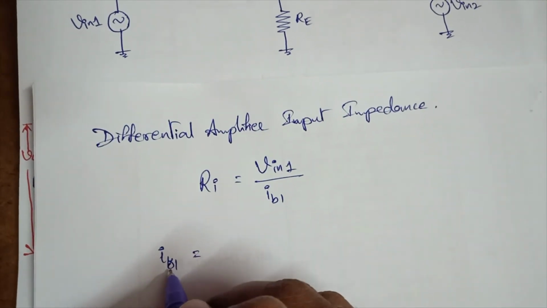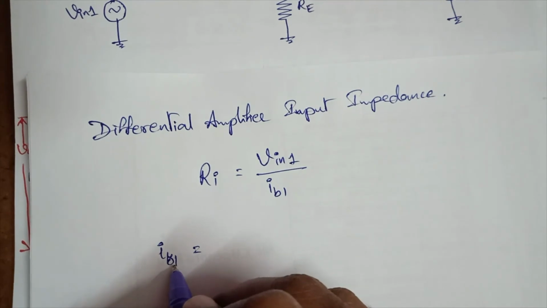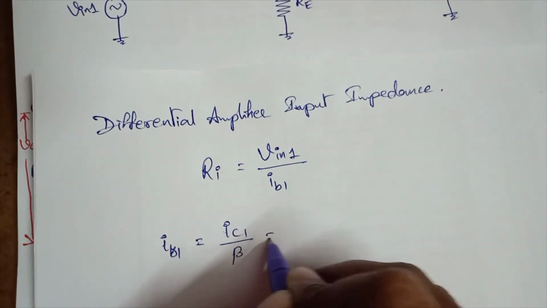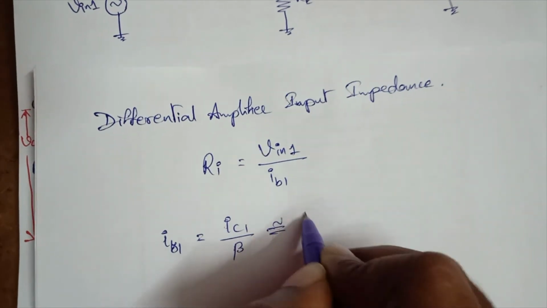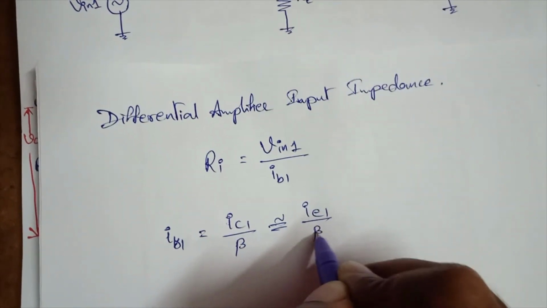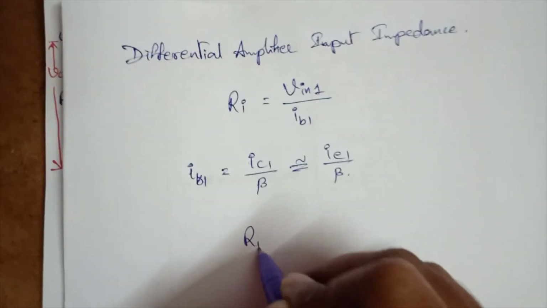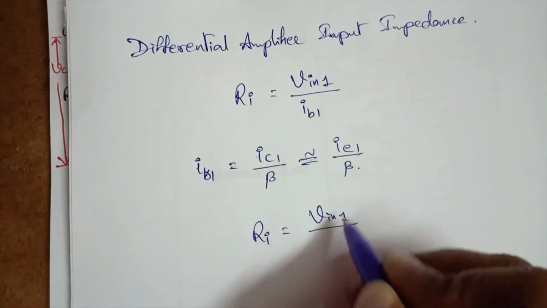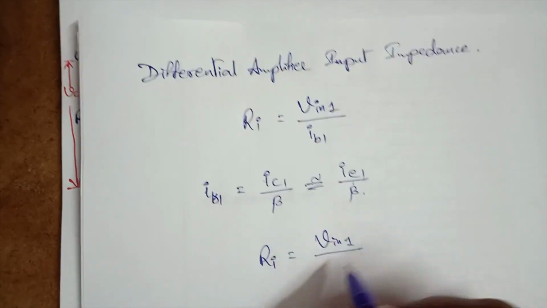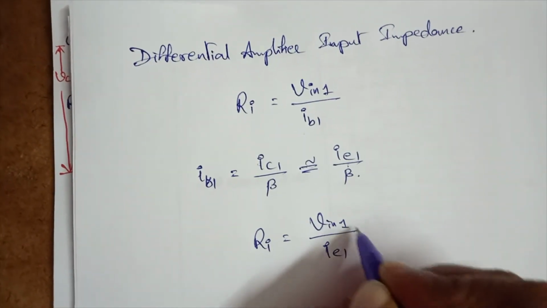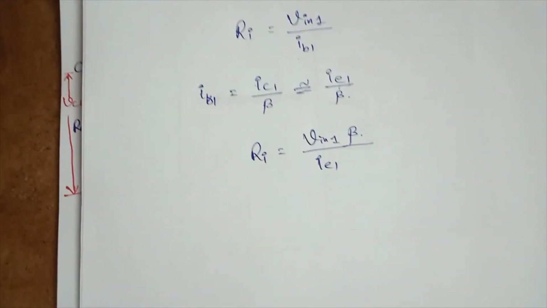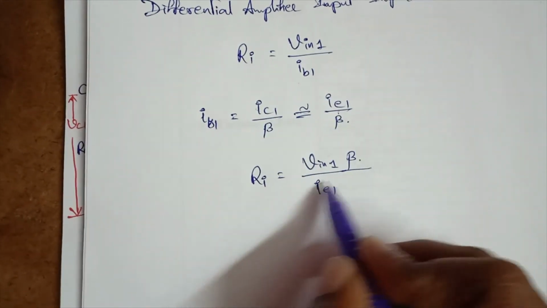We already know that in common emitter configuration IB1 is given by IC1 divided by beta. IC1 is approximately equal to IE1, so IE1 by beta. So I write RI as V in 1 by IE1 by beta, which I write as beta in the numerator. So we are getting the expression for RI now.